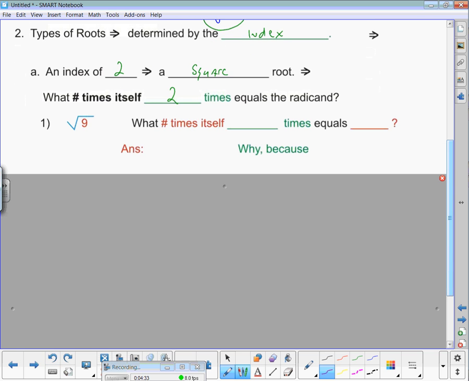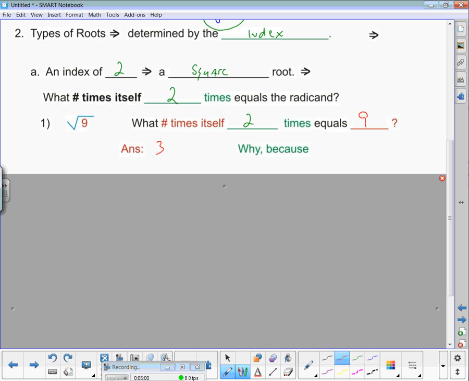All right, so here's an example. Over here on the left, we've got the square root of 9. We all know the answer is 3. But what is a square root really saying? What's the square root of 9 here? In green, what number times itself 2 times equals the radicand?